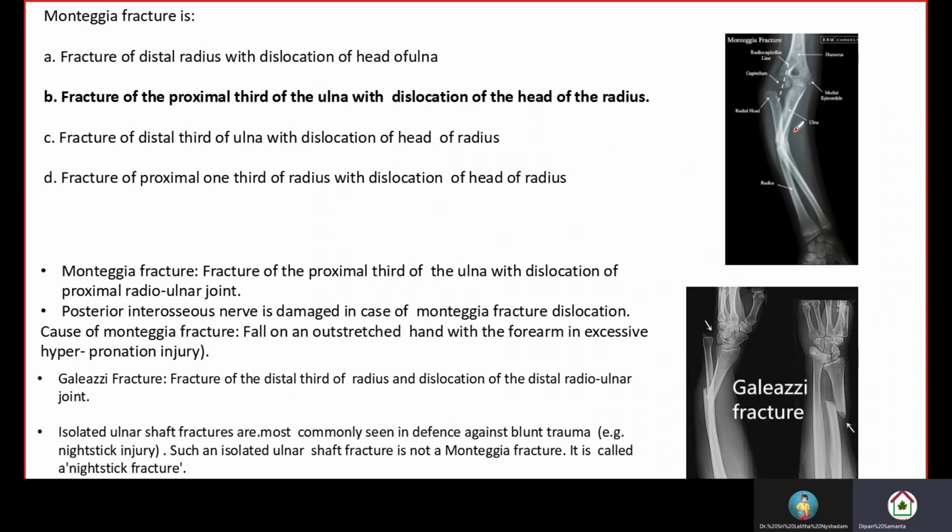Fracture of the proximal ulna. You see, this is the proximal ulna. Proximal ulnar fracture with dislocation of the head of the radius, radial head dislocation.